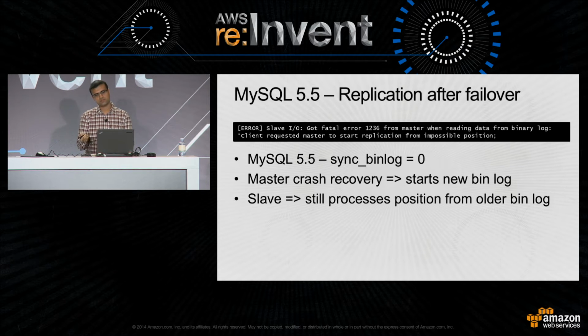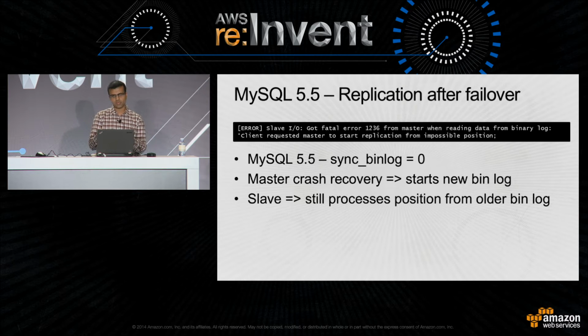So if your master fails over or performs a crash recovery, it's very likely that it's going to start a new binary log. However, your slave might still be stuck with the old binary log and the old position. So it will start to execute the old position, but it doesn't find anything. So that essentially ends up with this particular error.